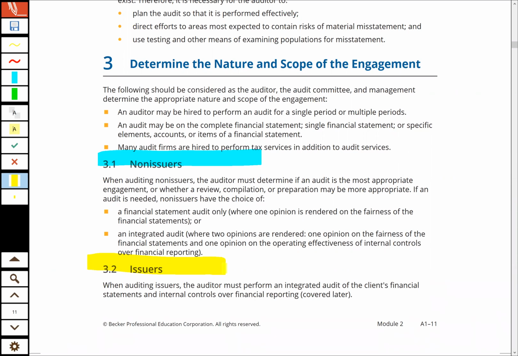A classic example is internal control. The other thing we're going to see for this class is giving an opinion on internal control, which you are required to do for a public company versus non-public. And then specific to this chapter, we're going to see that the reports are structured a little bit differently.